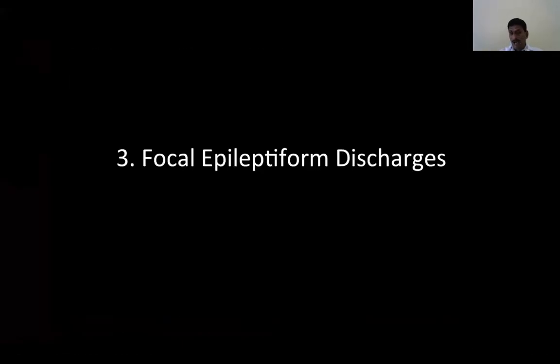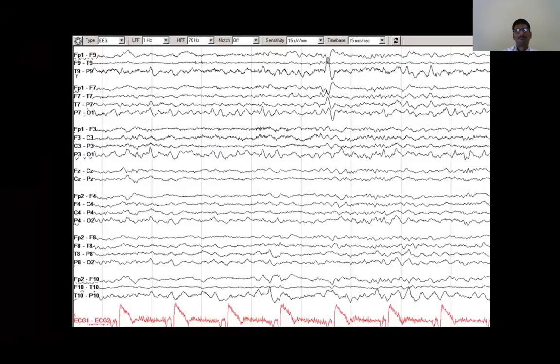Focal epileptiform discharges are generated by synchronous abnormal electrical activity in a large population of neurons in the cortex. Focal epileptiform discharges can be an indicator that the brain is capable of generating seizures and can be a helpful prognostic and diagnostic finding in patients with epilepsy. Here I have a normal awake EEG and an anterior-posterior bipolar montage.